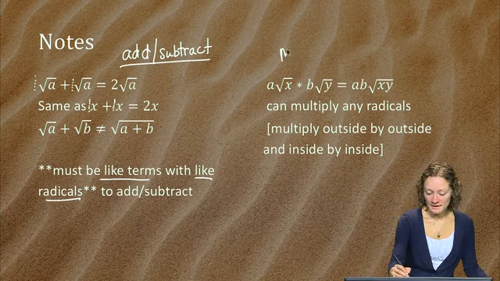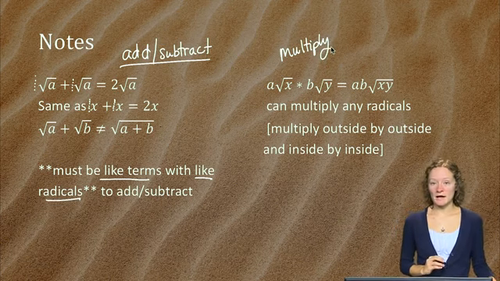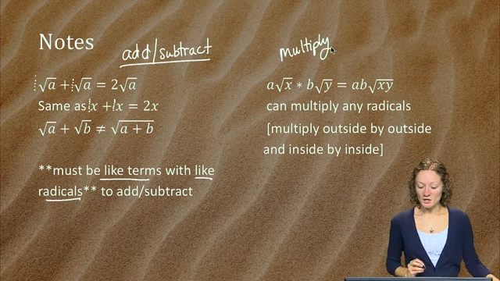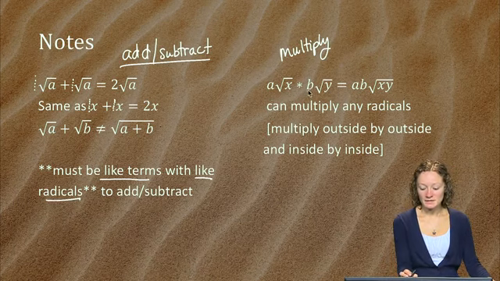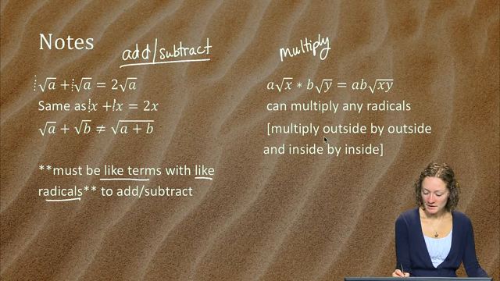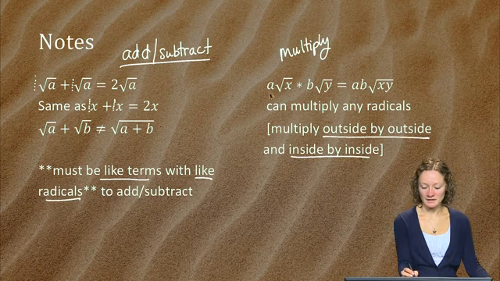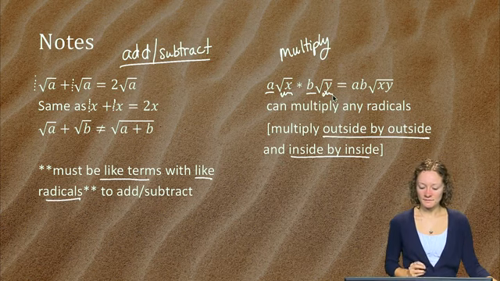Then with multiply, as with multiplying in most cases, you can multiply anything together. So we have a square root of x times b square root of y. You can multiply the outside by the outside and the inside by the inside. So a times b, and x times y on the inside.